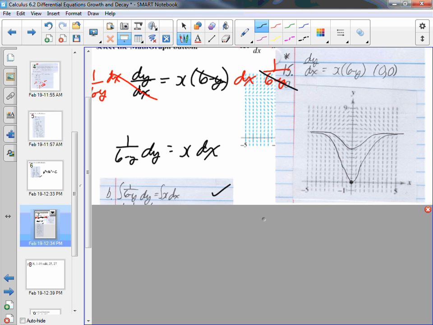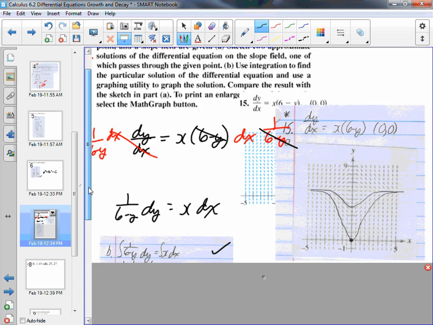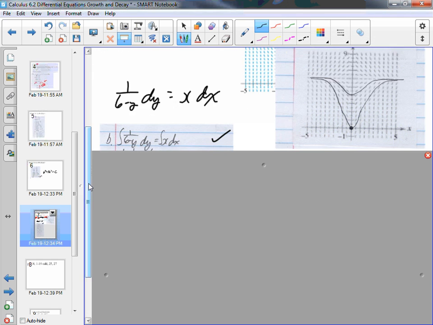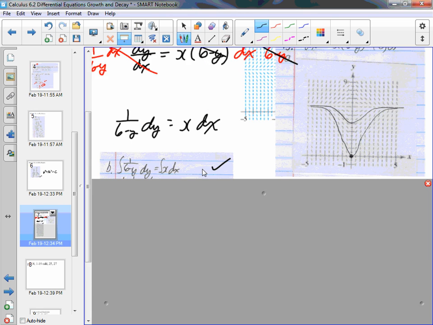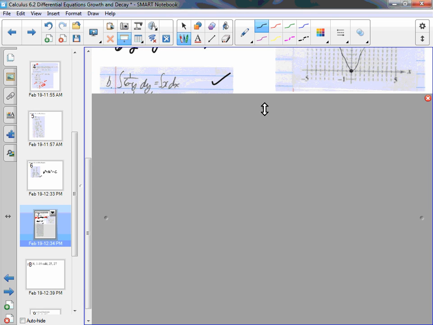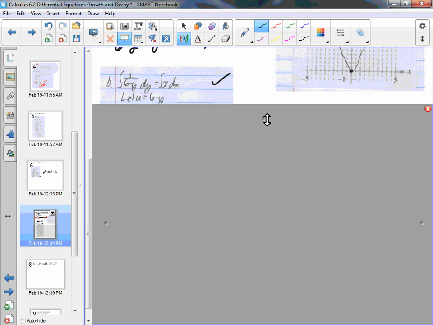All right, you guys with me? The left side looks like a 1 over u. So what are we going to let u equal? All right, this is about to get old. So let u equal 6 minus y.